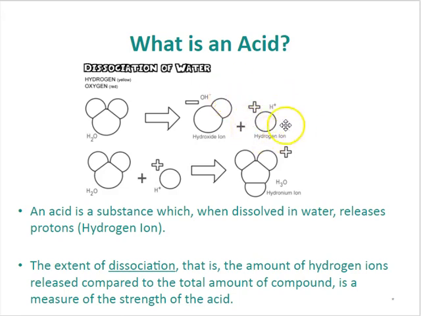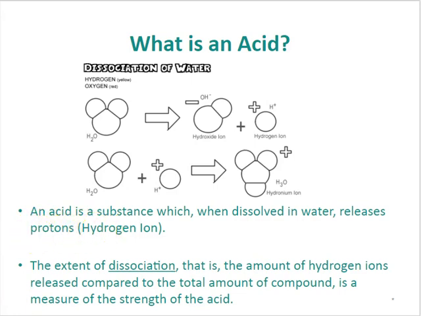So when these accumulate in solution, it creates an acid. So if we have a surplus of hydrogen ions, more hydrogen ions than hydroxide ions, we have an acid. So an acid is nothing more than a substance that, when dissolved in water, releases hydrogen ions or protons.